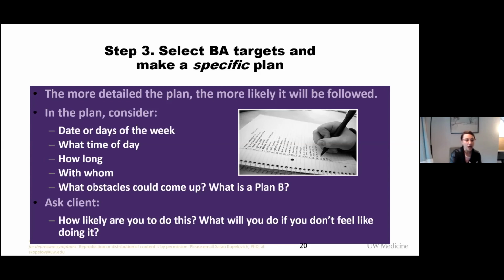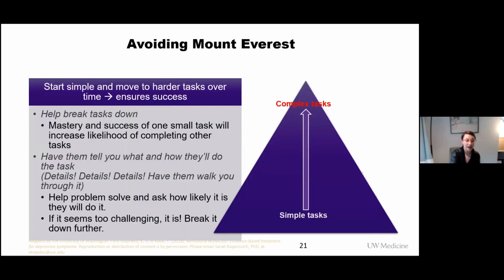And then we want to ask those key questions, really two questions. How likely is it, from 0 to 100, that you'll be able to do this task this week, and what might get in the way? So those are the two questions.